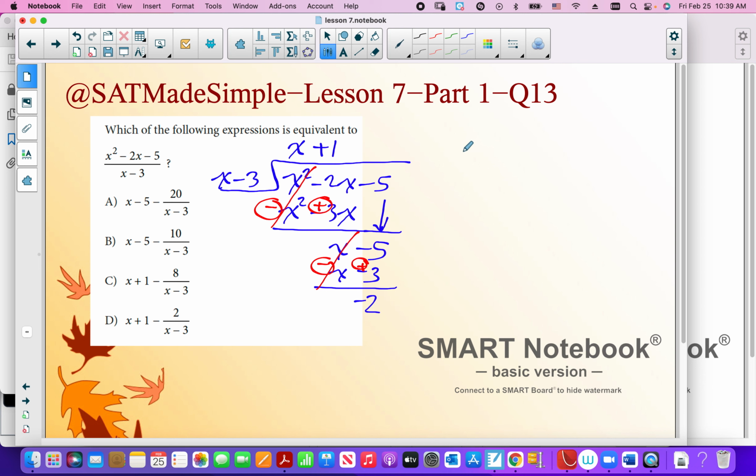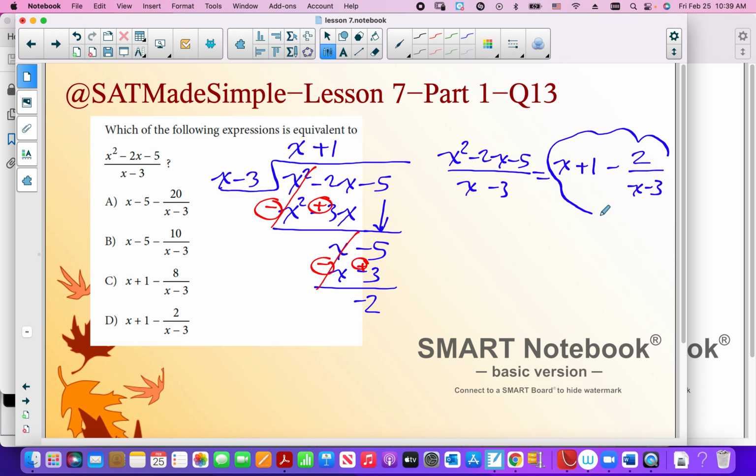So therefore, x squared minus 2x minus 5 over x minus 3 can be written as the quotient, x plus 1, plus the remainder, which is minus 2, over the divisor, which is x minus 3. So that should be the answer. Do we have that? X plus 1 minus 2 over x minus 3, so that is my correct answer.